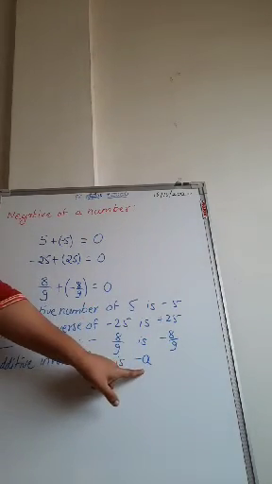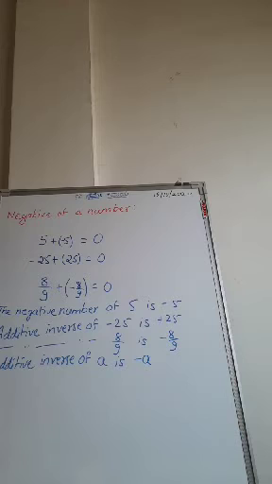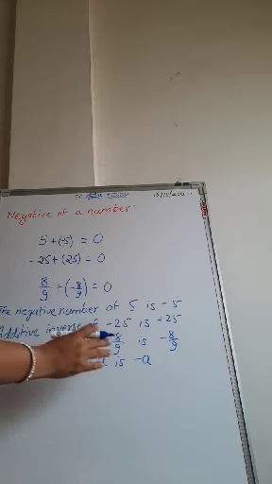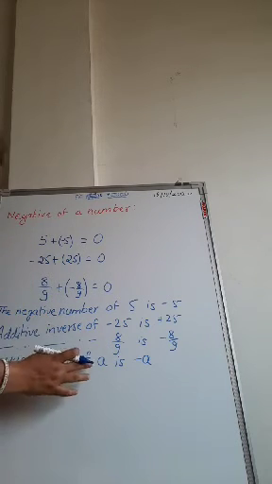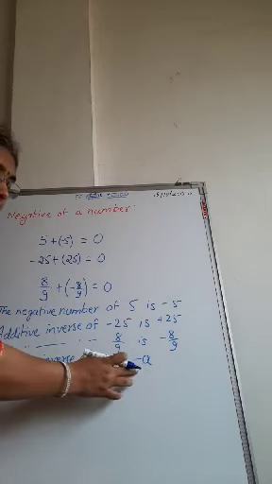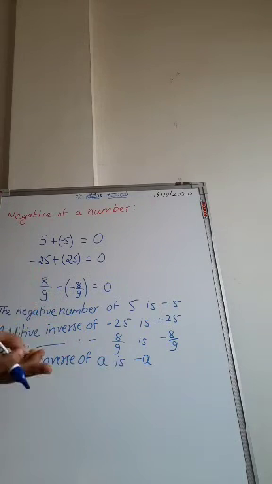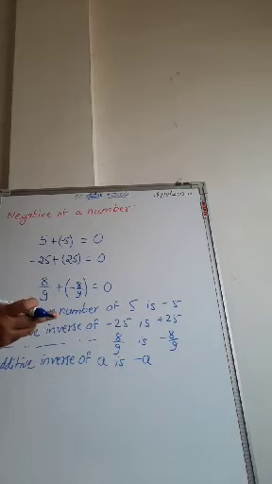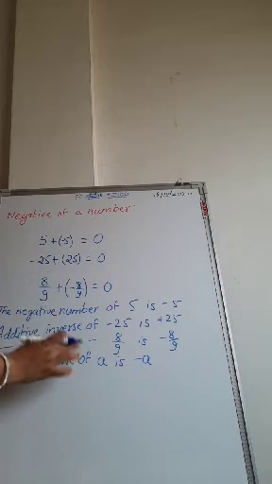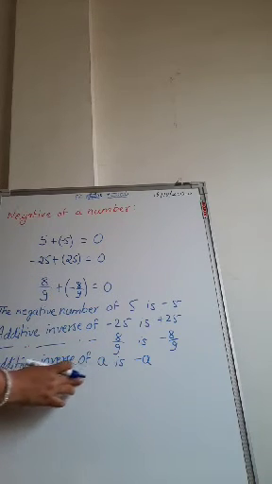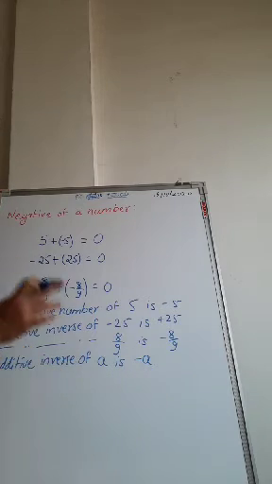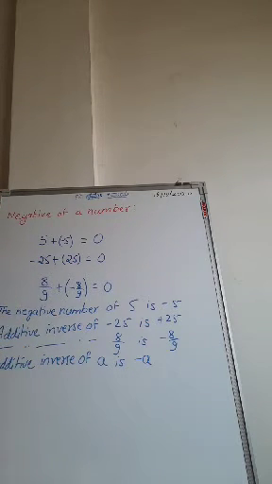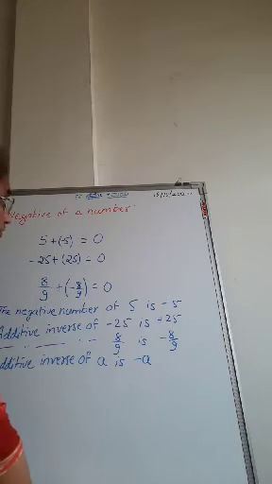This minus a belongs to the integers, rational numbers and the real numbers, but additive inverse does not exist in natural numbers and whole numbers, because natural numbers do not contain any negative number, and whole numbers do not contain any negative number. Therefore, the additive inverse of numbers exists only in integers, rational numbers. Okay, understood?